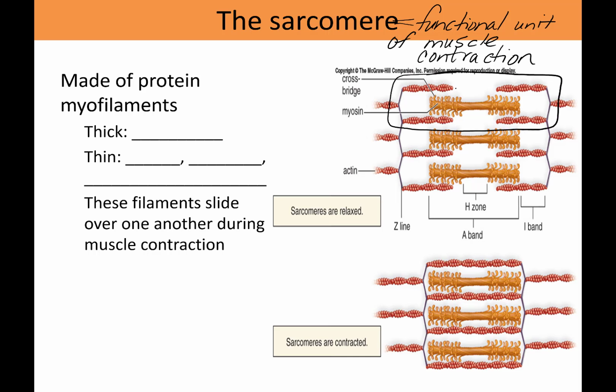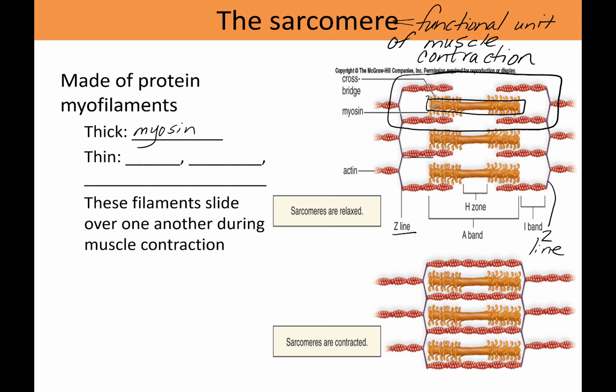Okay, so a sarcomere is from one Z line to the next Z line. So here's another Z line over here. And it's made up of thick myofilament, and I want you to know the name of the protein that makes up that thick myofilament is called myosin. Okay.